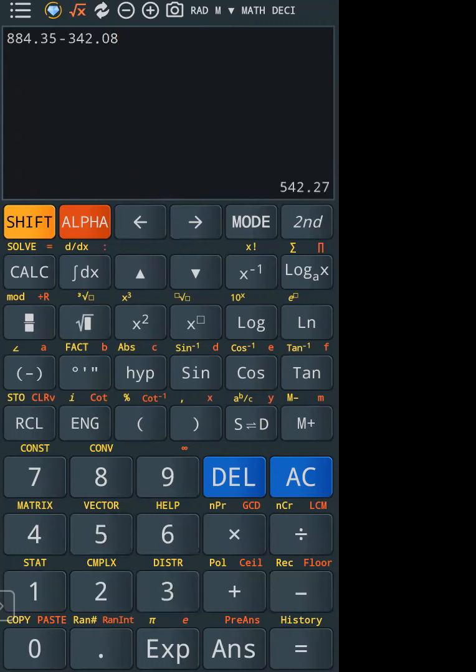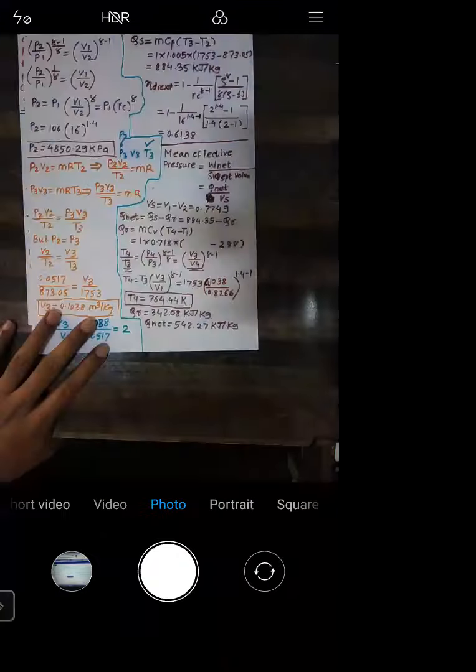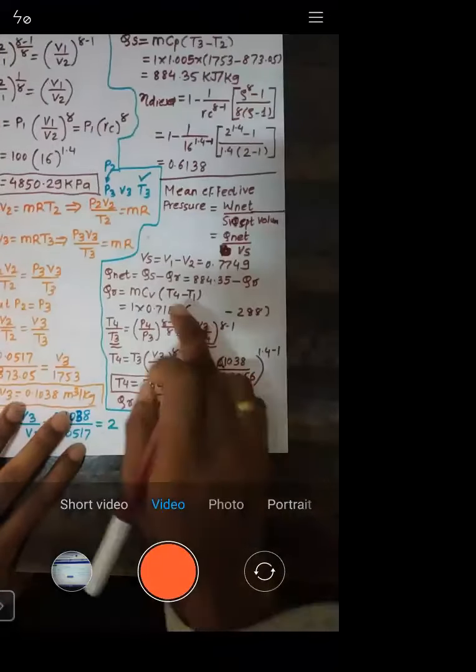So this is 542.27, again in kilojoule per kg. Now we have Qnet.